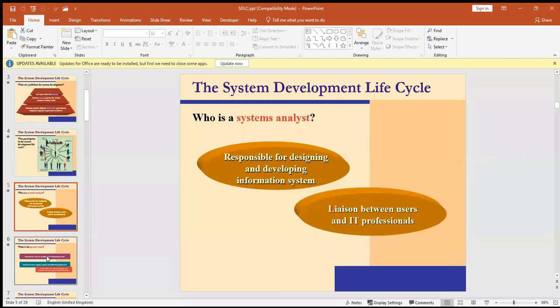So I've tried to explain each and every component that I've already mentioned. So who the analyst is, what they do. This one acts as the liaison between the users and the experts, so that they are able to know what exactly the users want.